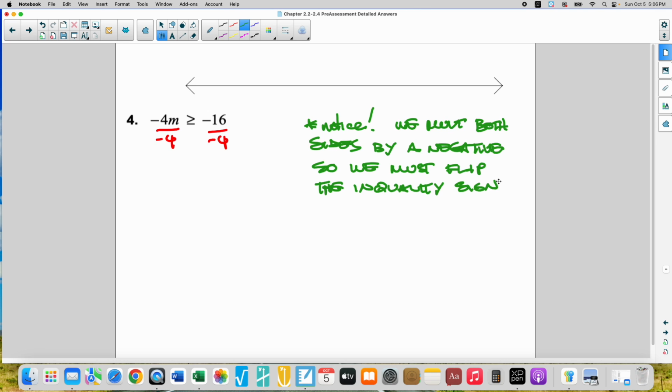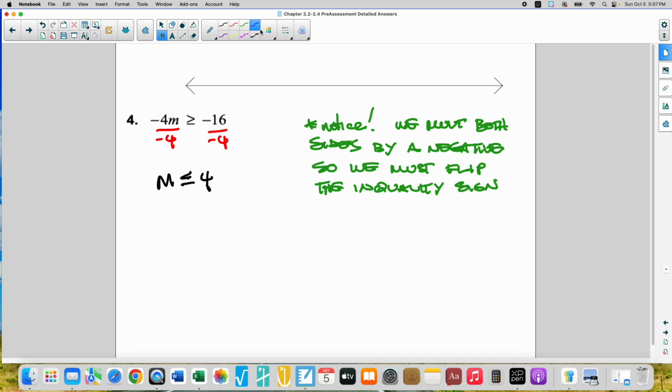Now the reason behind that, and we can get into a little technical stuff, let's do this too. We got m is less than or equal to positive 4. A negative divided by a negative is a positive. But when we change the sign of a variable, we have to move it across. That's the technique that we're using.